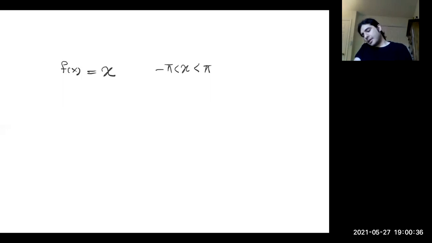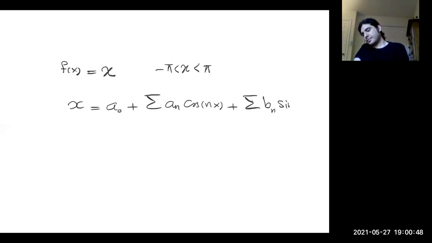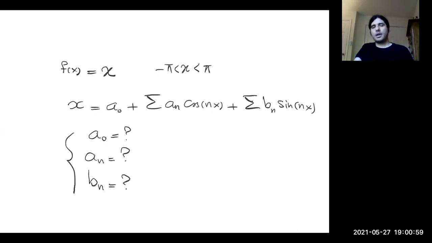And we want to write down the Fourier series for this one. So the question is, find a_0, a_n, and b_n. What are these constants? Think about this one for maybe 5 minutes. Compute these integrals, and then I will solve it.